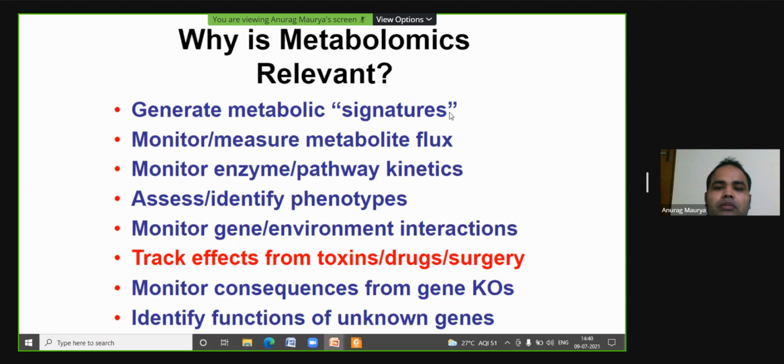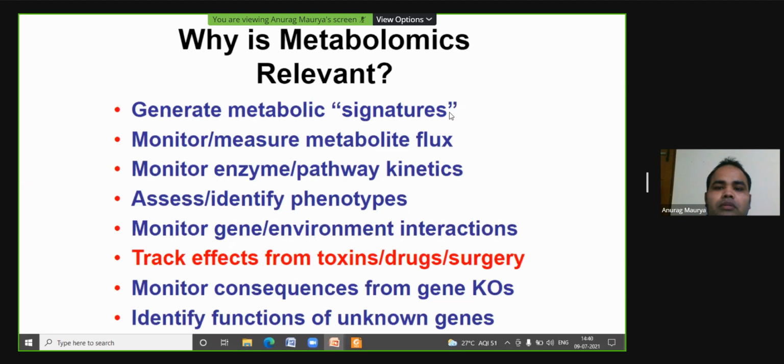Another is to monitor or measure the metabolite flux. Metabolite flux means how many molecules are being generated by a given particular pathway. And you saw that there are many metabolic pathways which are working all the time in our body. Suppose you want to measure how the Krebs cycle is working or how the oxalate is being metabolized. You know, many times oxalate when deposited in the body forms stones.